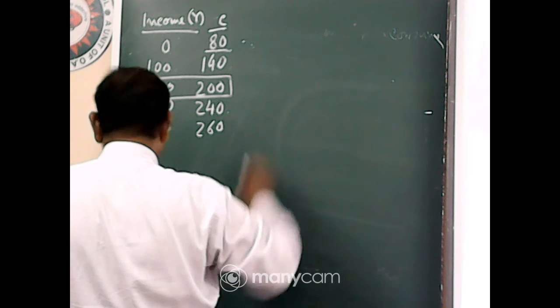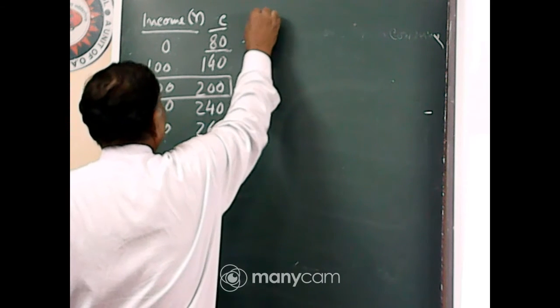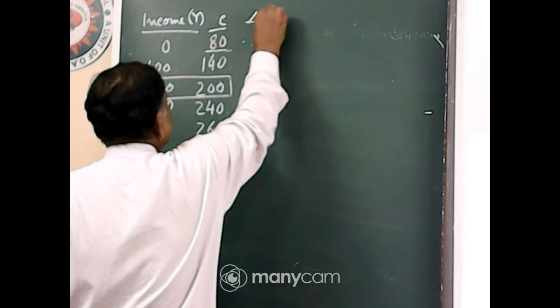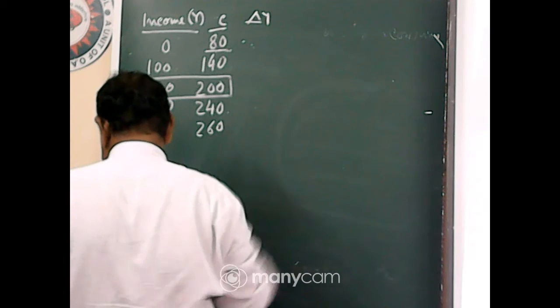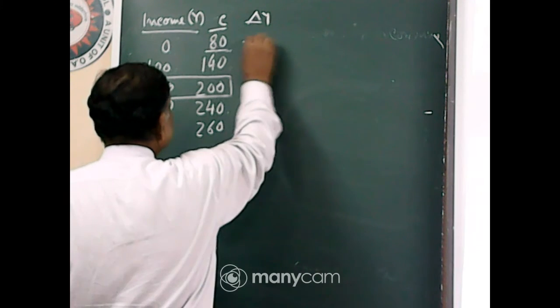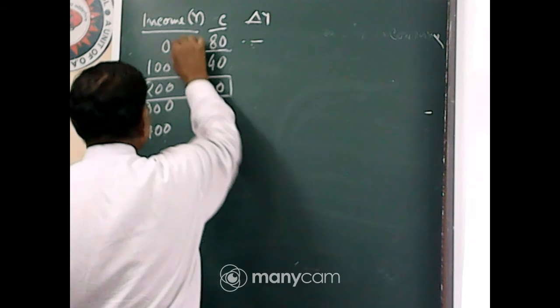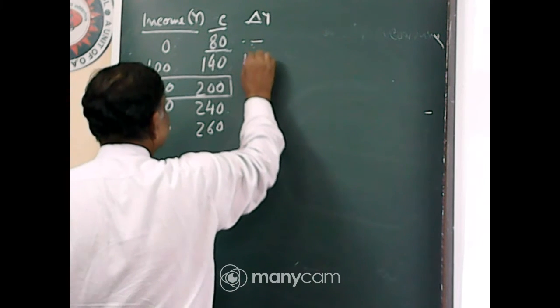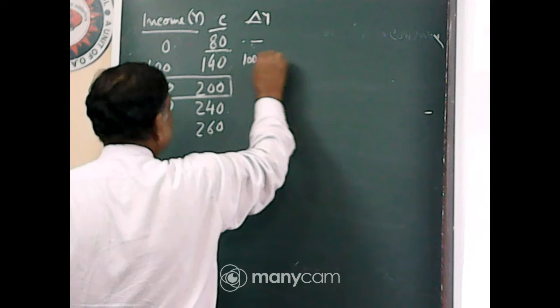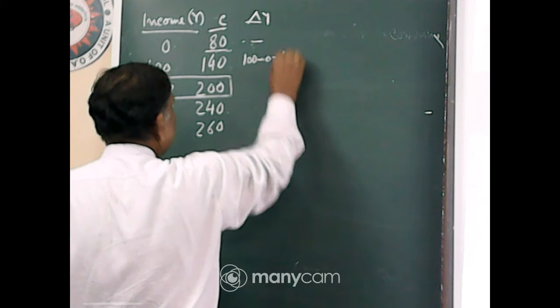Now, delta Y, you calculate delta Y. First, delta Y is nothing. Then, this minus this, that is 100 minus 0 is equal to 100.